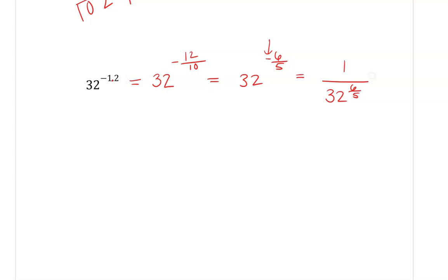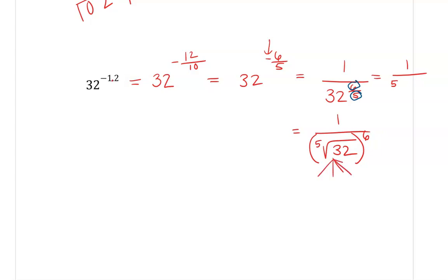And so what that's telling me to do is to 5th root, here, I'll write it down here, my base of 32, and then take that and raise it to the power of 6. Or it's saying to take 6 of the 5 factors that multiply together to be 32.